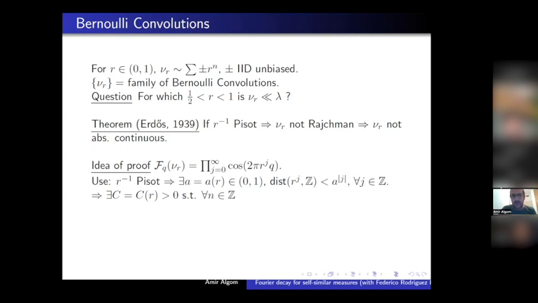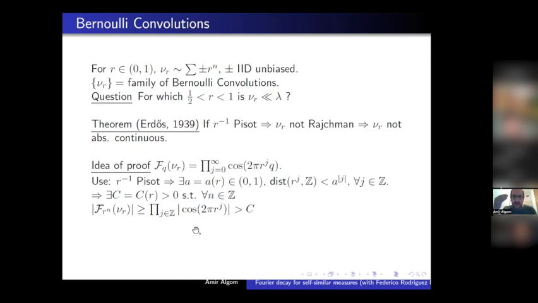This can be used to show that there exists a uniform constant that only depends on r, such that for all integers, here mostly negative integers, if you consider the Fourier transform at negative powers of r, then this infinite product is bounded below by a constant that only depends on r.